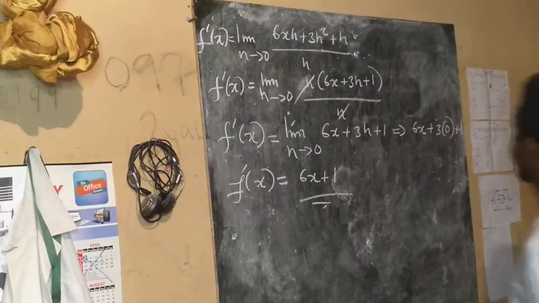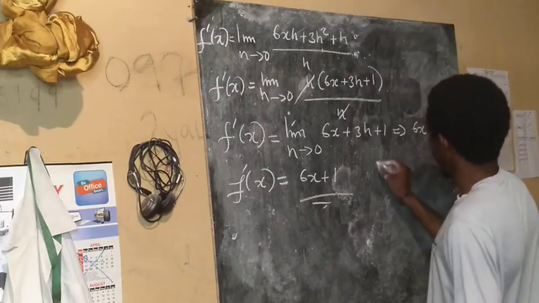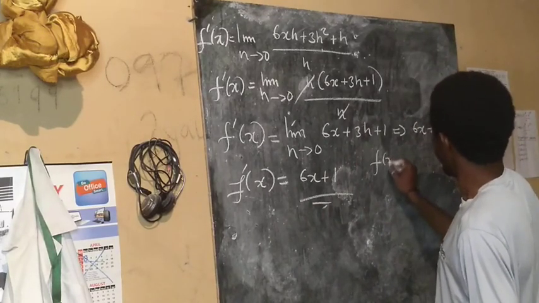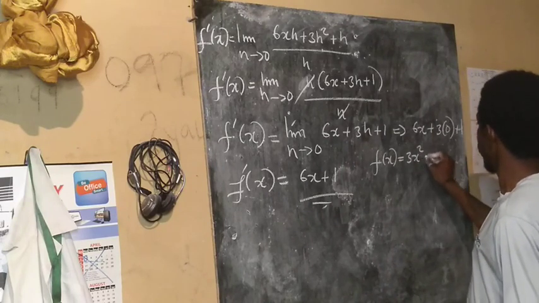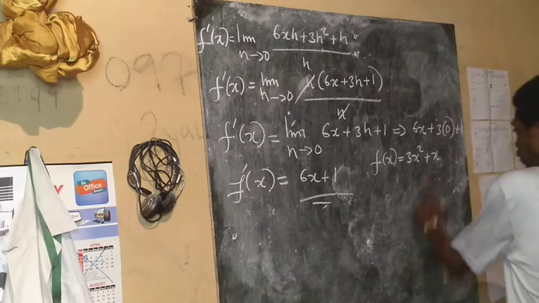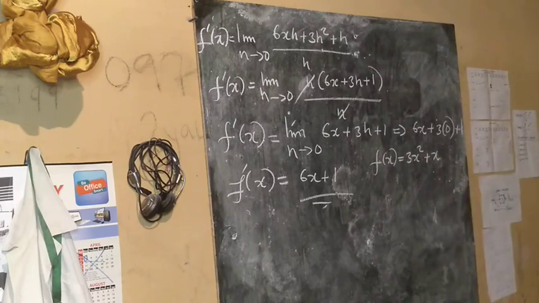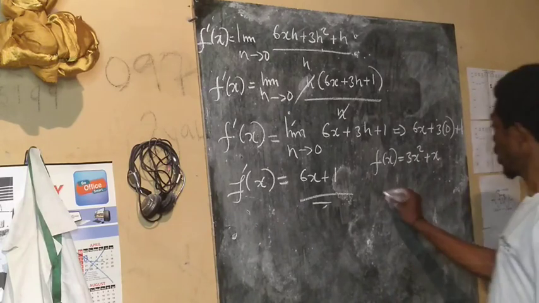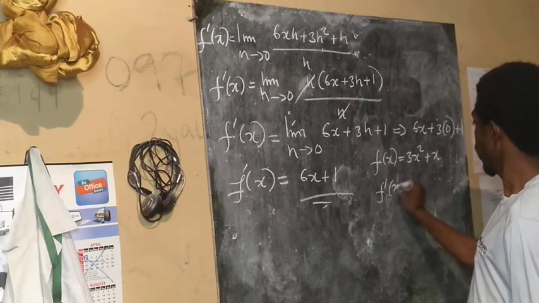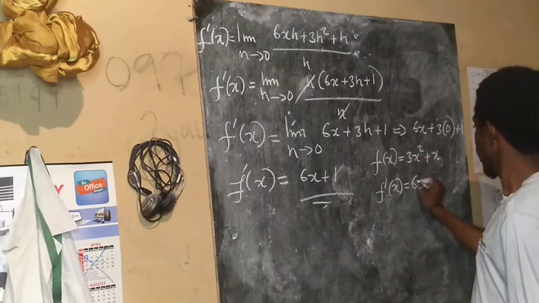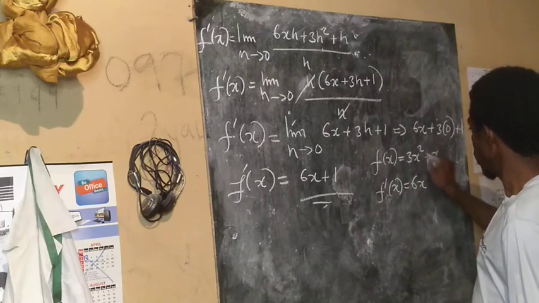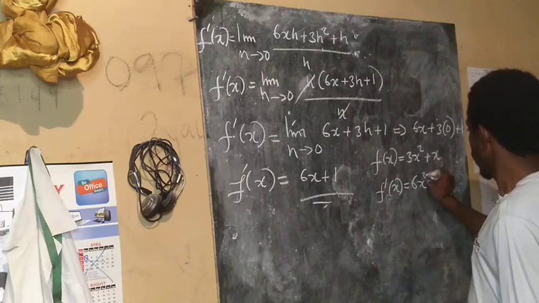Remember, we had a question which said f of x equals 3x squared plus x. When differentiating normally using the power rule, you say f prime of x equals 2 multiplied by 3 to get 6x. We reduce the power by 1, so we say minus 1 here.